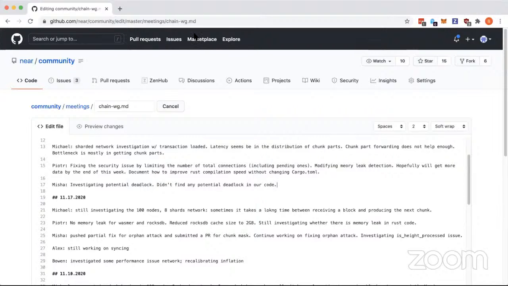Michelle, what else other than the deadlocks? I'm still continuing on orphans and one state part. How is that going? Are you mostly focusing on the fix for the orphan pool or the state part? Orphans for now.